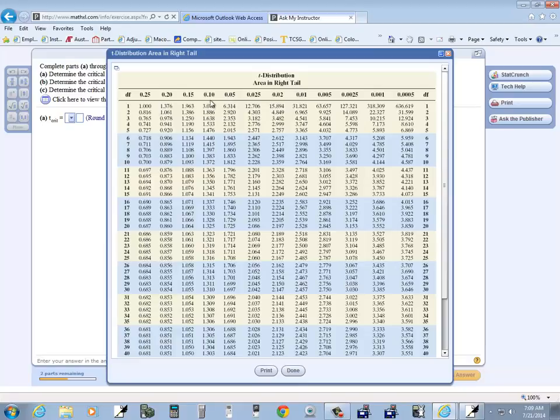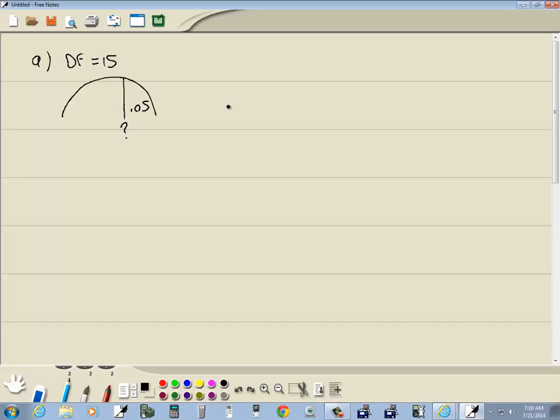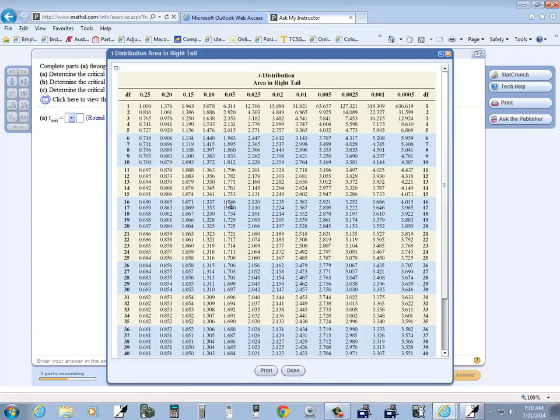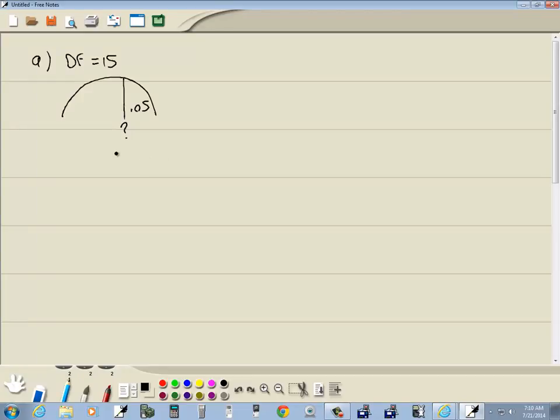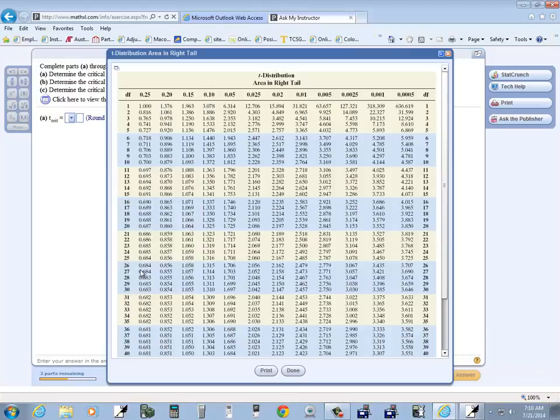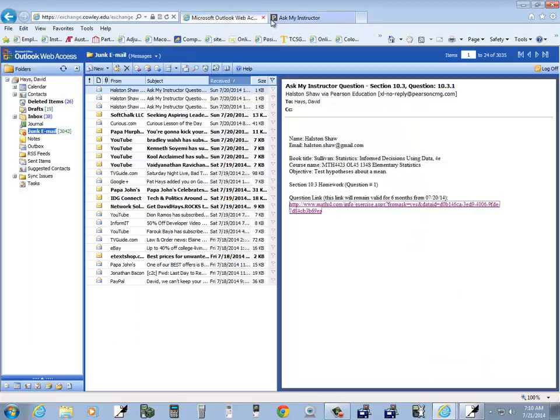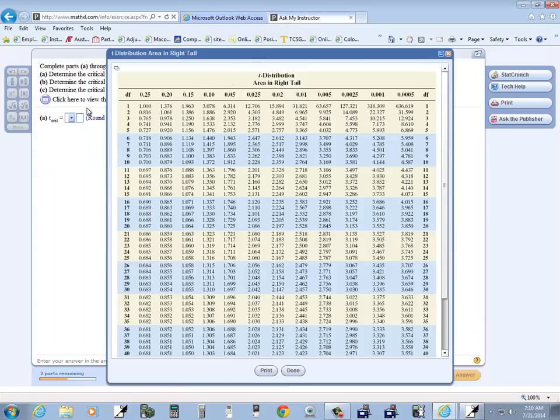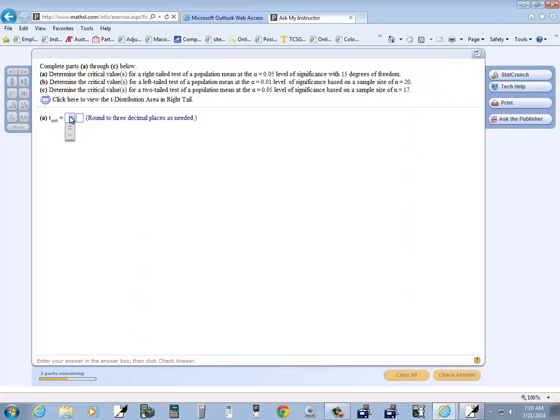If I come here to 0.05, we're looking in this column, and degrees of freedom 15, so I come down to 15, and I get 1.753.